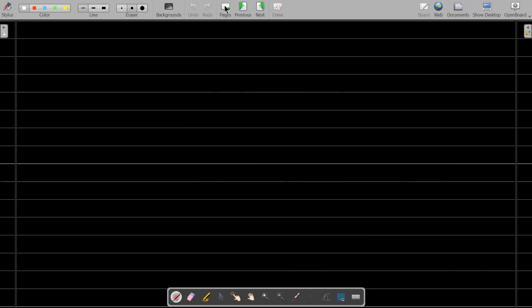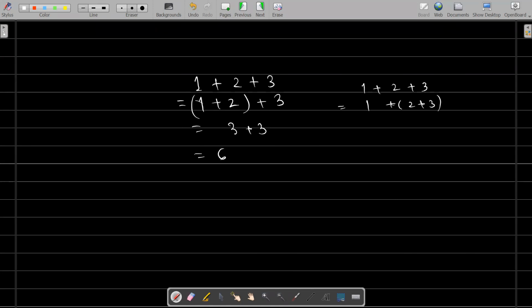So for example, we always talk of say 1 plus 2 plus 3 and so on. And what it means, at a time you can add only 2 elements. It's a binary operation. So what I can do is add first 1 plus 2, and to that I can add 3 later. So we get 6. Or one may say, without changing the order, first add 2 and 3, get some answer and add 1 to that.